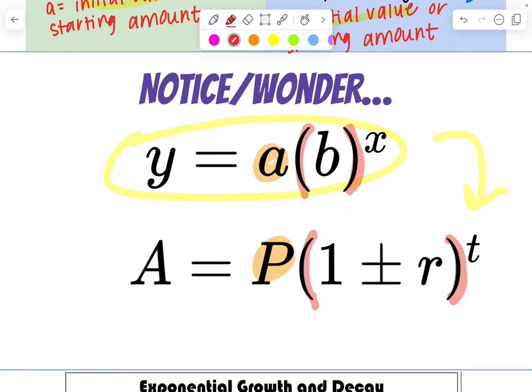And in our more complicated equation, we have 1 plus r or 1 minus r. A question you might have had is, what does this mean? This means either you're adding or you're subtracting, plus or minus, and those are going to behave the same. And you might notice that there's an exponent. The letters changed, but they still have the same kind of skeleton.